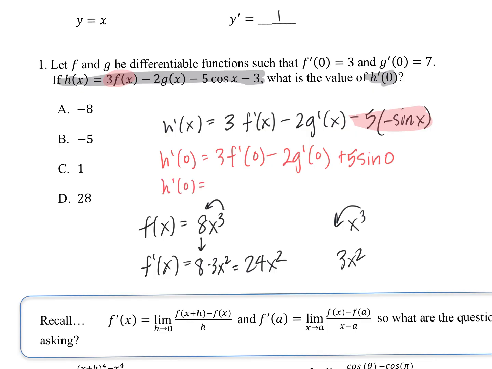F prime of 0 is 3, so she's going to say 3 times 3, minus 2 times, Kate, what'd they give you for g prime of 0? 7. Kate, here's the big test. Can you remember what the sine at 0 radians is? 0. Sine's the y. So this is just going to be 0 there. Final answer.